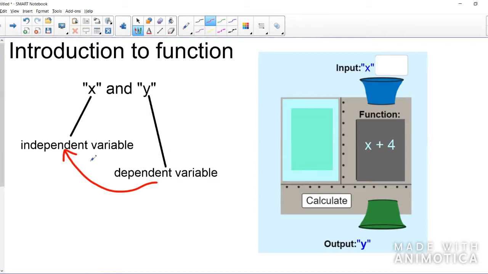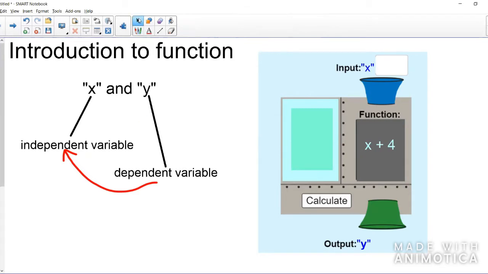Going back to the examples we had before, if a person is being paid $12 per hour, the amount that the person is going to receive depends on the hours of work they have done. That means the hours are the independent variable, and the amount that person is going to get is the dependent variable. That's a very common example of how a function works.